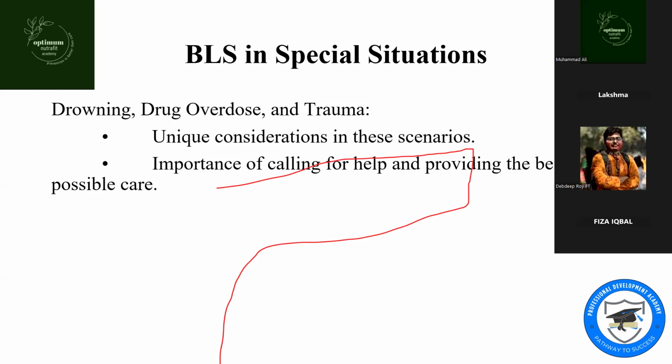Every patient has a special situation, but the basic life support is the same. If you have no signs of life, always start early CPR to prevent cardiac arrest, because early recognition and calling for help is necessary to prevent the arrest. Early CPR to buy time, early defibrillation to restart the heart, and post resuscitation care.